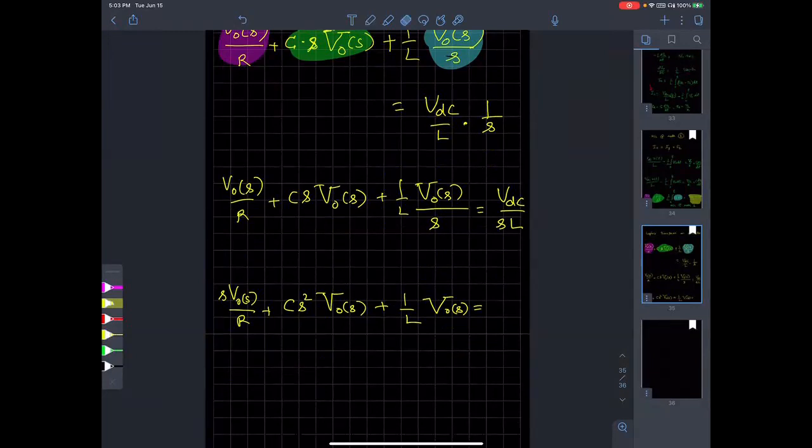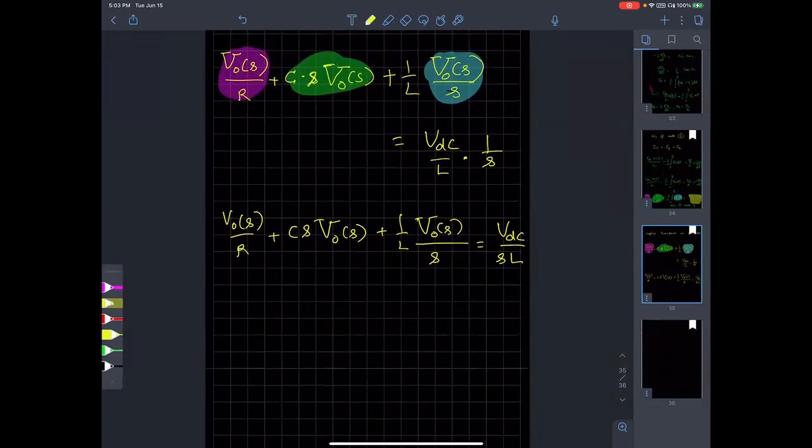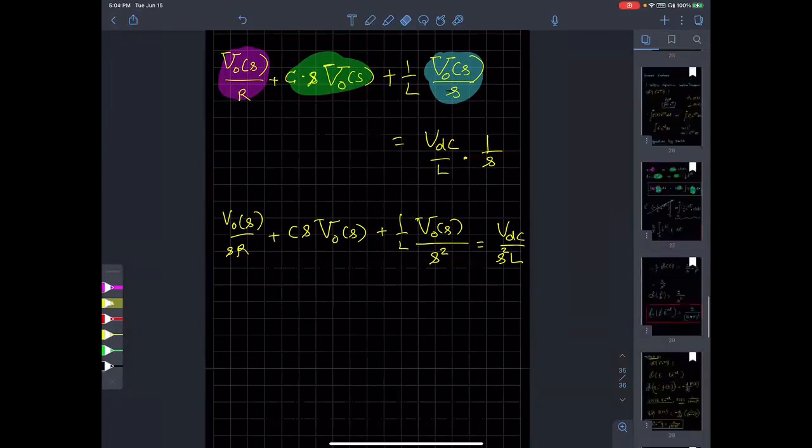Or let's divide instead of multiplying. Let's divide the whole thing by S. Once we divide all of this by S, what we have is S squared. All I have done is simply divide this by S. When you factor out, or maybe I was just missing something, let me go back really quickly.